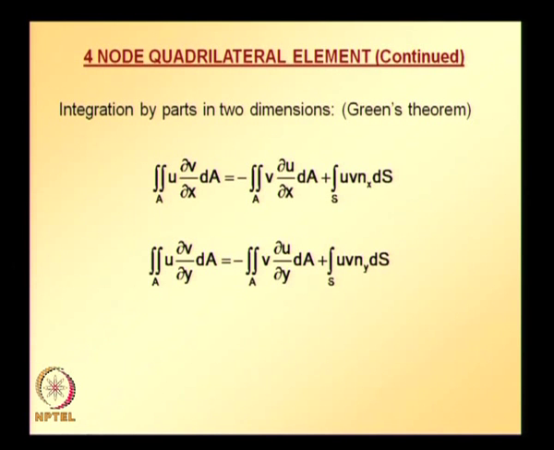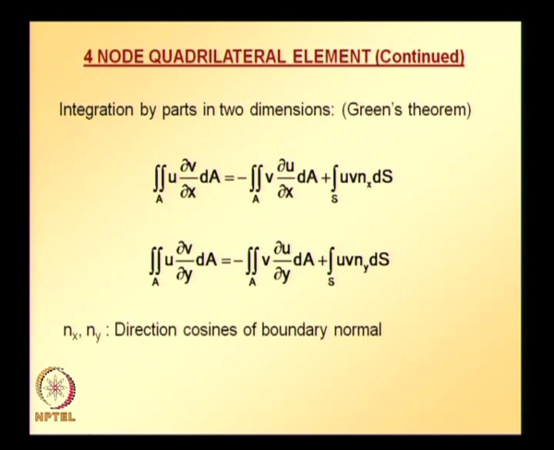Similarly, the second equation. These are the 2 equations that we get using Green's theorem, and we will be using these 2 formulas to simplify the previous equation further. Here nx and ny are the direction cosines of the boundary normal.